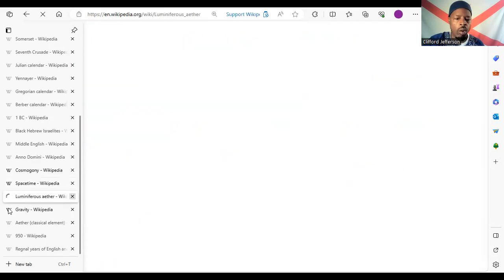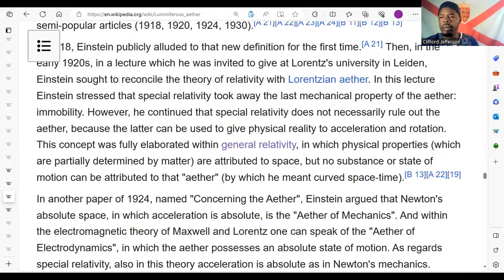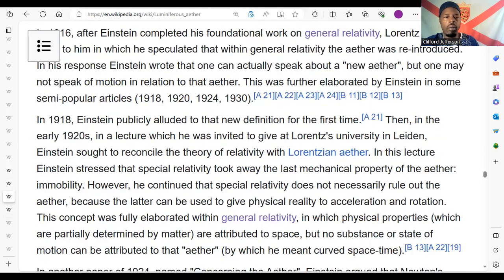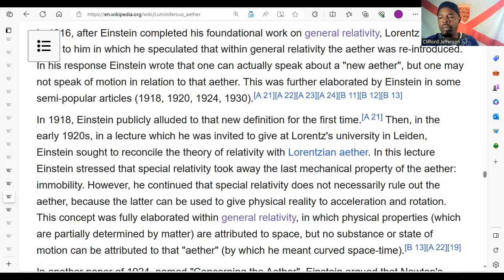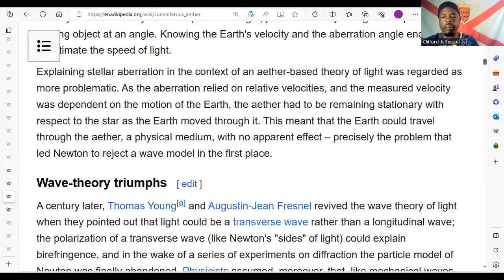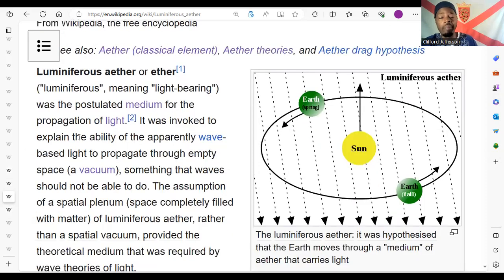Luminiferous ether. Luminiferous ether, meaning light-bearing, was the proposed, postulated medium for the propagation of light.